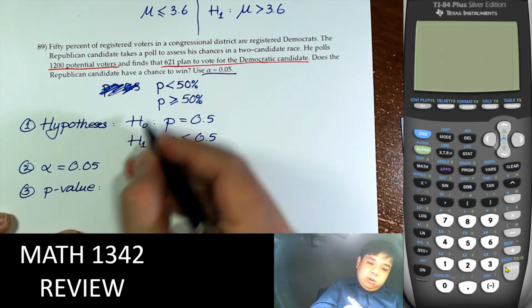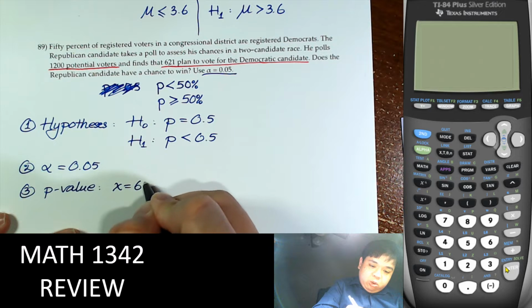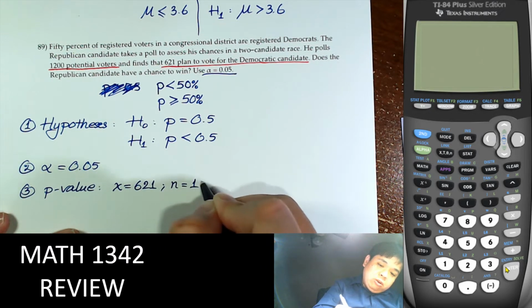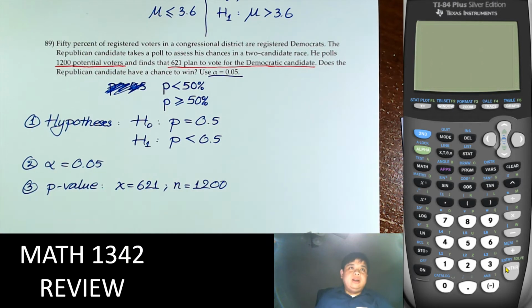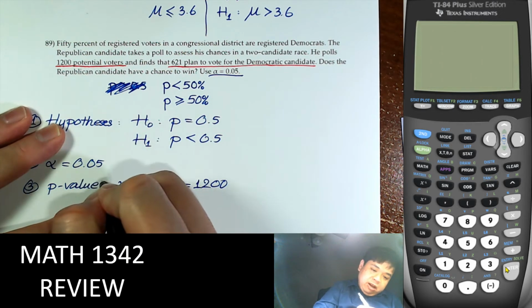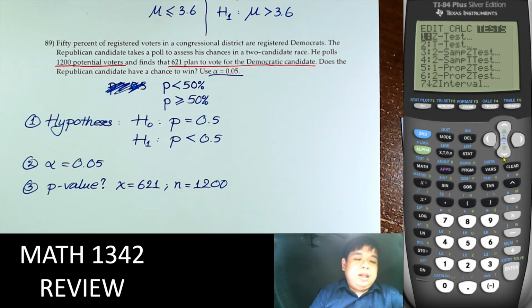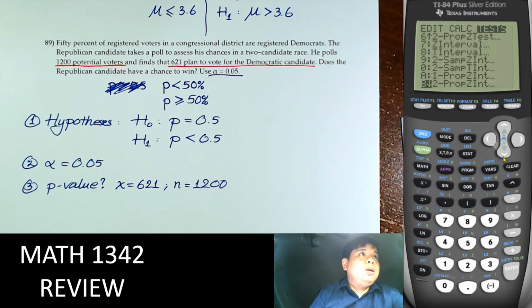So in this case, x is 621 and n is 1200. Based on that, we can find the p-value. Alright, go to Test, and here we have the one proportion z test.